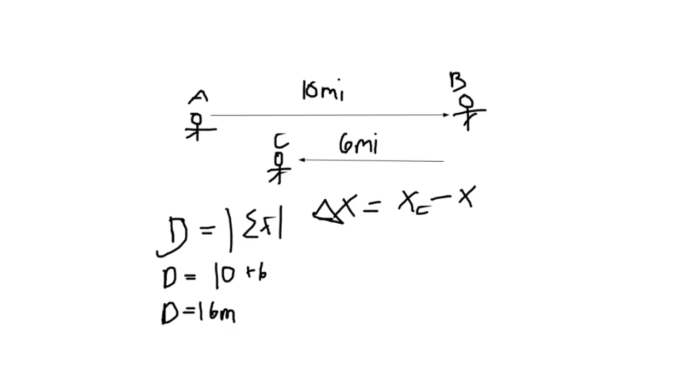Position C minus position B, and position A to B. So it's just become 6 minus positive 10. So just 6 minus 10, which is what number?